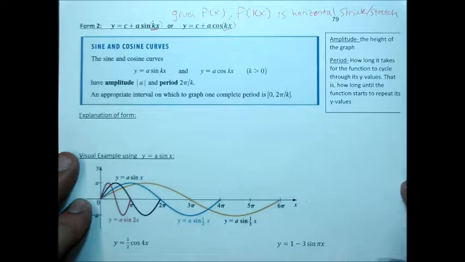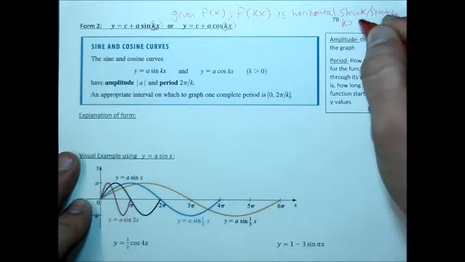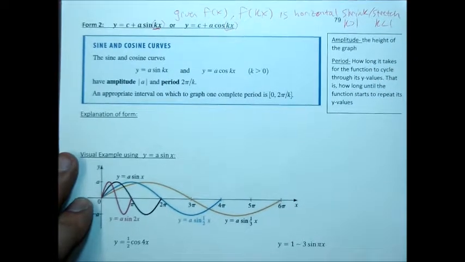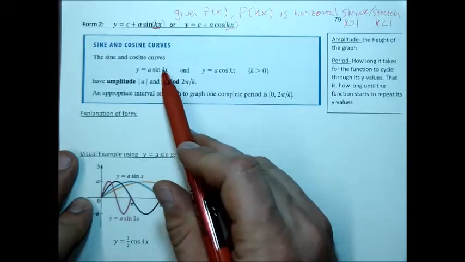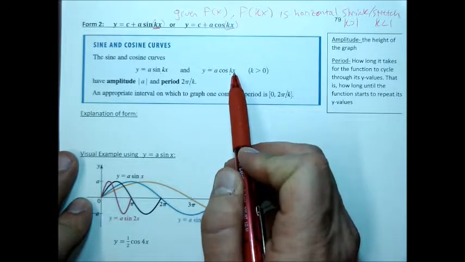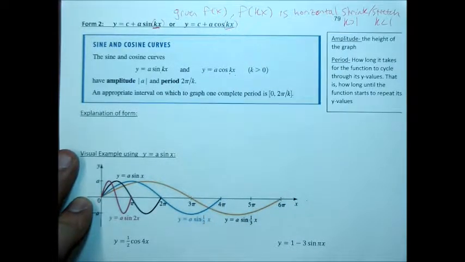If k is bigger than 1, it's a shrink, and if k is less than 1, it's a stretch. So when we have sine of kx or cosine of kx, it shrinks or stretches it. Let's introduce a couple vocab words.